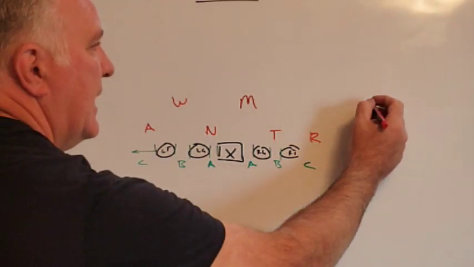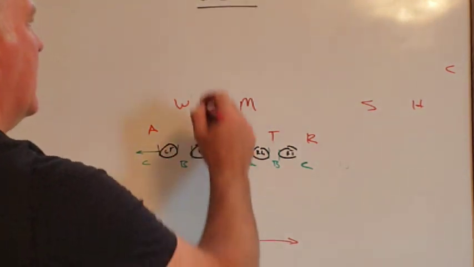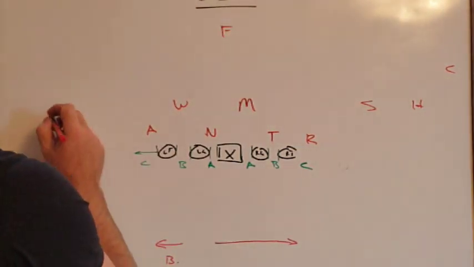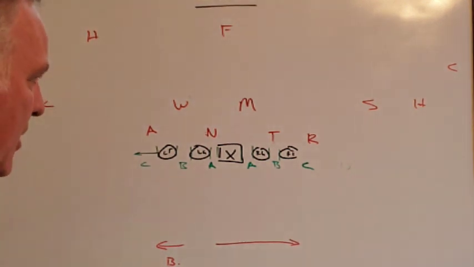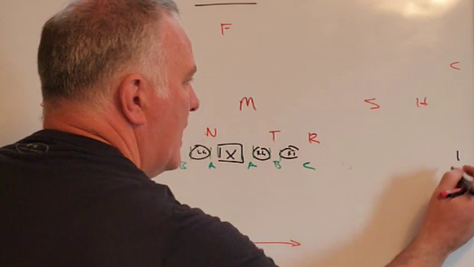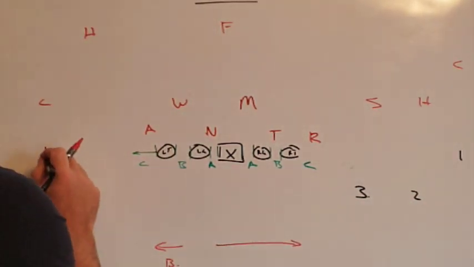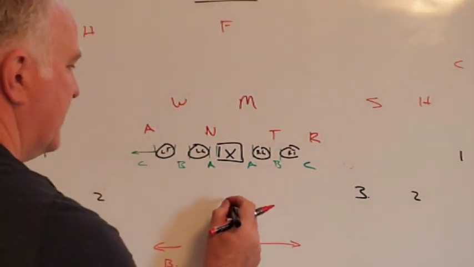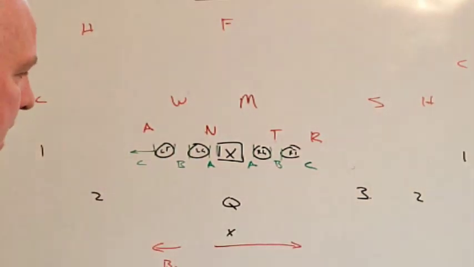So if we end up doing that, the Sam, the half, and the corner, okay, the free safety, the corner, and the half have expanded out over top of our number 1, 2, 3 receivers, and in the boundary are 1, 2 receivers, and our quarterback, and our running back.